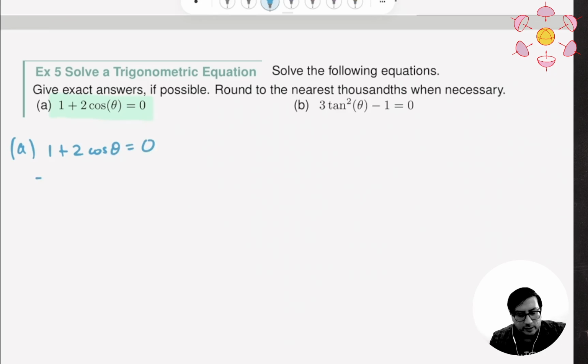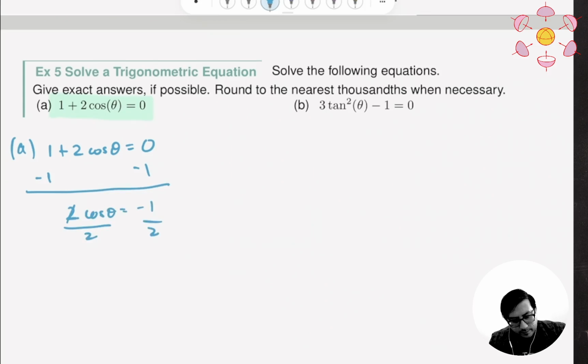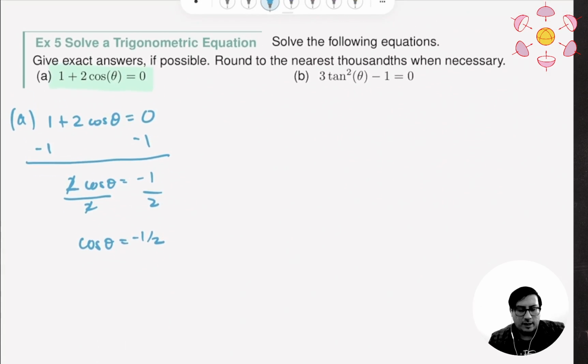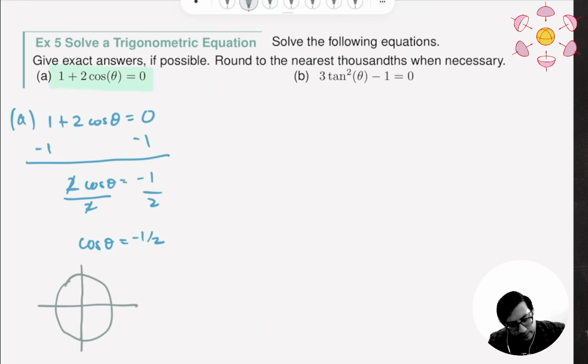So isolating the cosine, let's start by subtracting 1 from both sides. 2 cosine theta equals negative 1. Then let's divide both sides by 2. And we reduce to cosine theta equals negative 1/2. All right, so negative 1/2 is a special value. So we should be able to use the unit circle method to help us solve this.